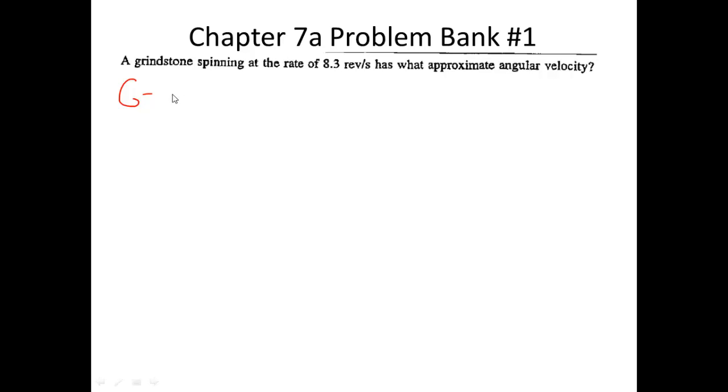We are given a rotating rate of 8.3 revolutions per second. Our unknown is how many radians per second that is. Our equation is 1 revolution is equal to 2 pi radians.